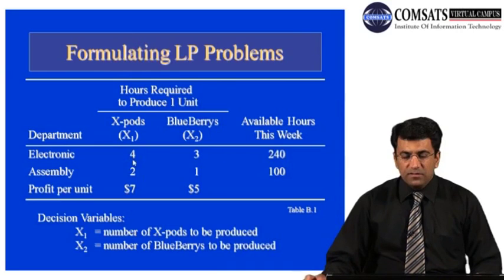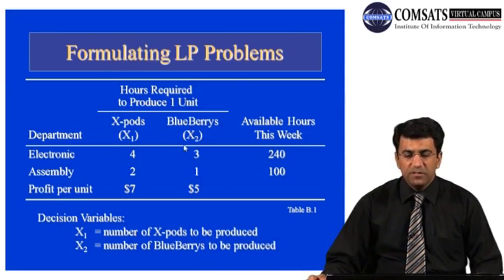And what are these figures about? It shows that 4 hours are required to produce 1 unit of export. That is the electronic hours required. Similarly, 3 electronic hours are required to produce 1 unit of blueberry.